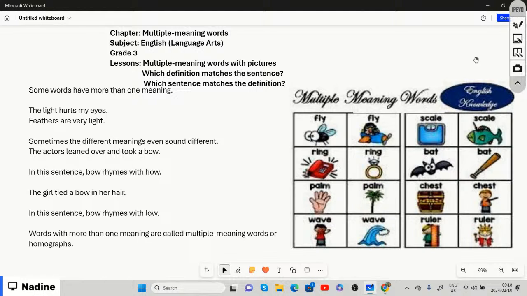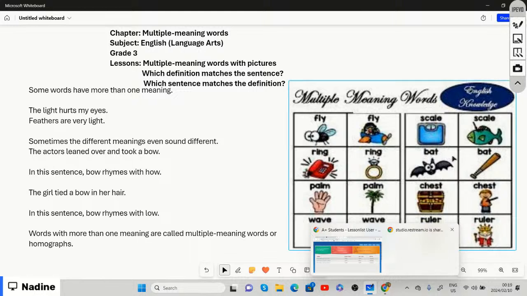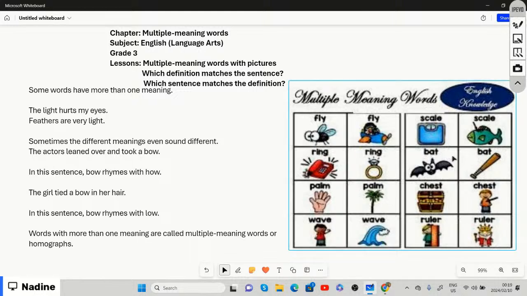So these are just a few examples of multiple meaning words, right? It's words that are spelled the same, but they have more than one meaning. The meanings are different.